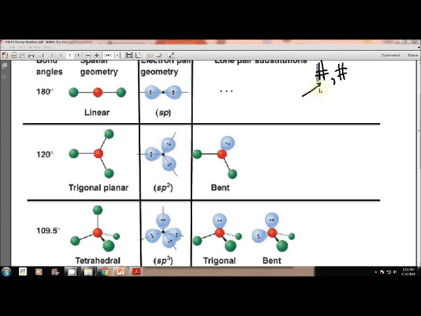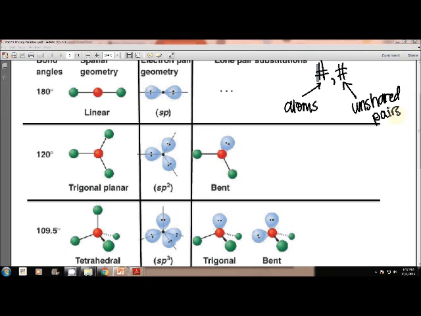The first number is going to be the number of atoms that are in some way connected to our central atom, whether it's double bonded, triple bonded, single bonded, however many atoms are connected to the central. And then the second number is the number of unshared pairs. Okay? So we are going to count those up, and when you know that from a Lewis structure, you can look at this paper and say what name it is.